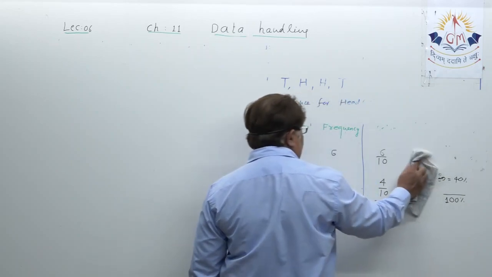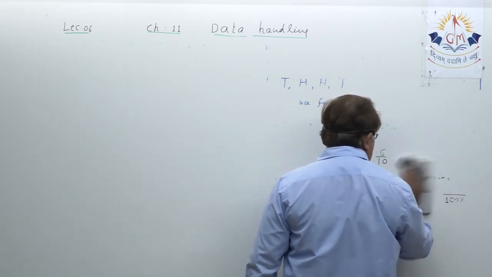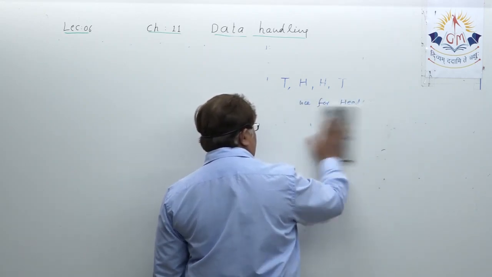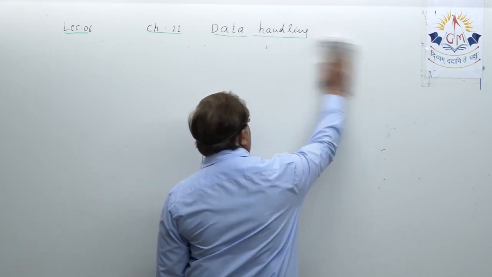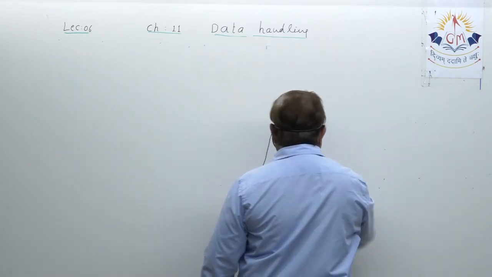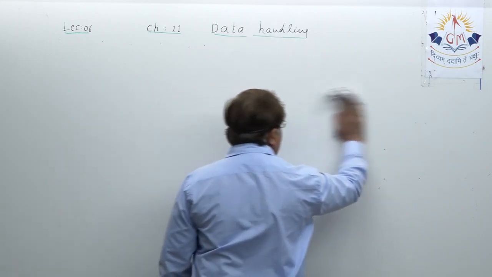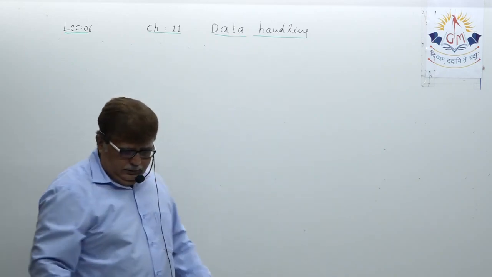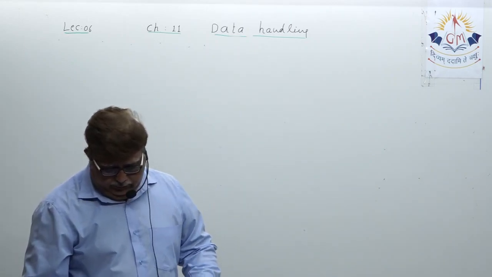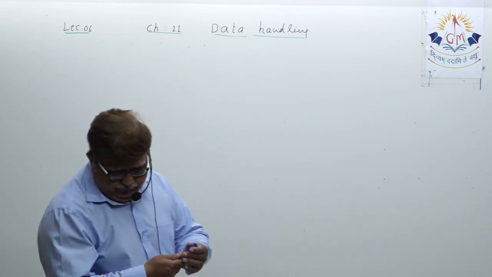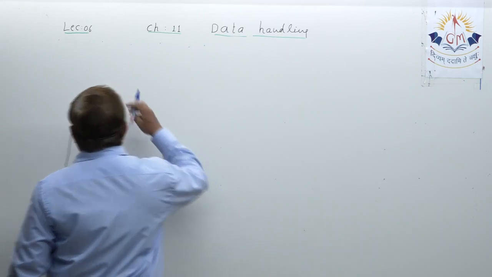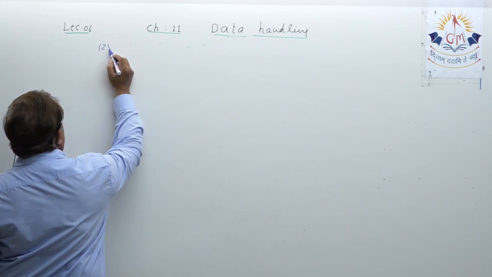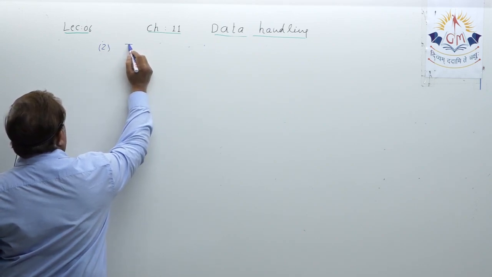But for the example you will be given now, you first have to understand the given data, and based on the given data, you have to try out this particular example. Let me write this example for you. The example is like this: three coins.